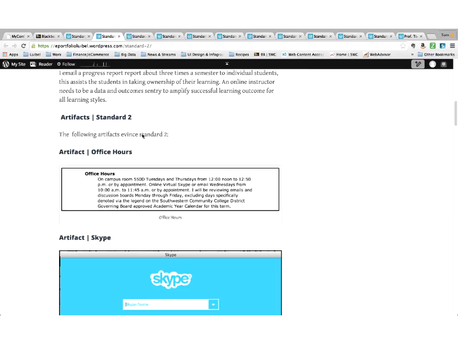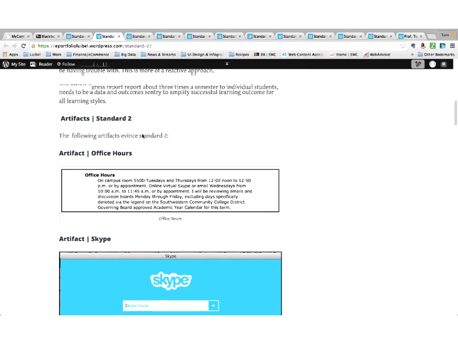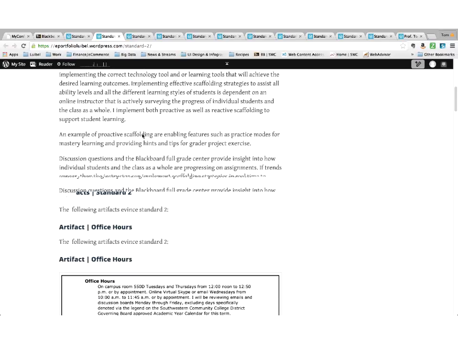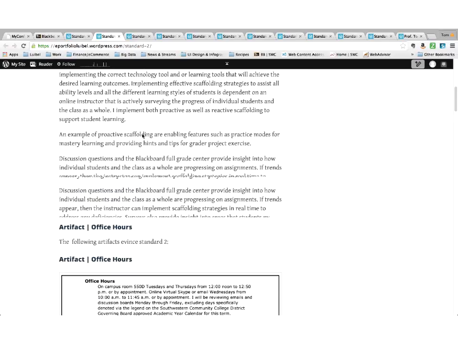With regards to the technology and the LMS in Standard 2, there's lots of learning opportunities, and they're purposeful, and they're not overwhelming. And I think that's important for students when they take online classes.